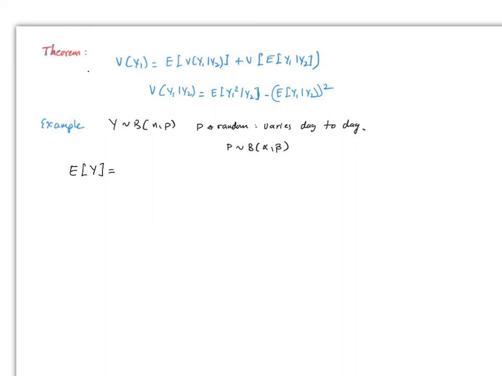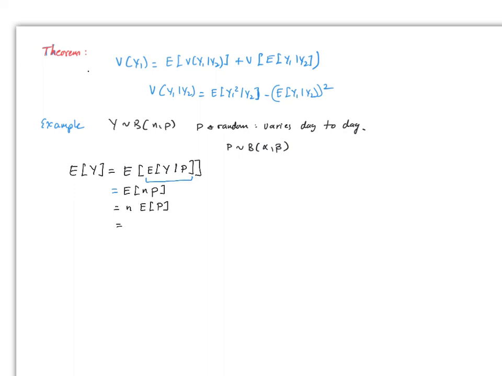So the expected value of y can be equal to the expected value of y given p. Notice that the expected value of this is going to be np, this is binomial, but p is still random, so this will be n times the expected value of p.